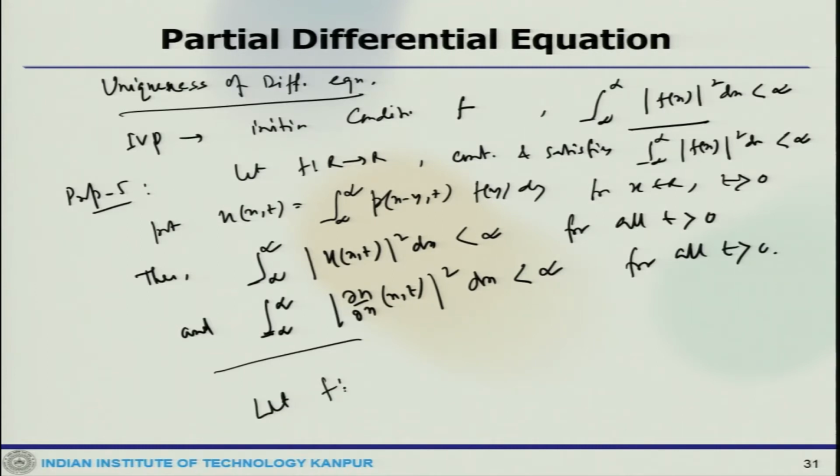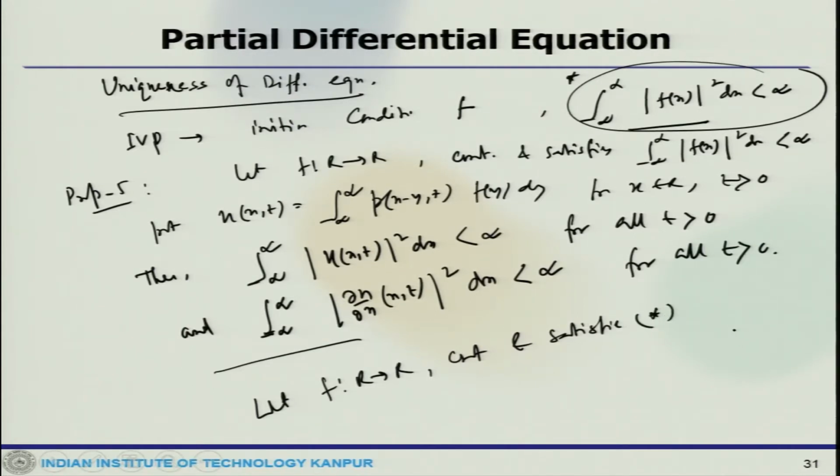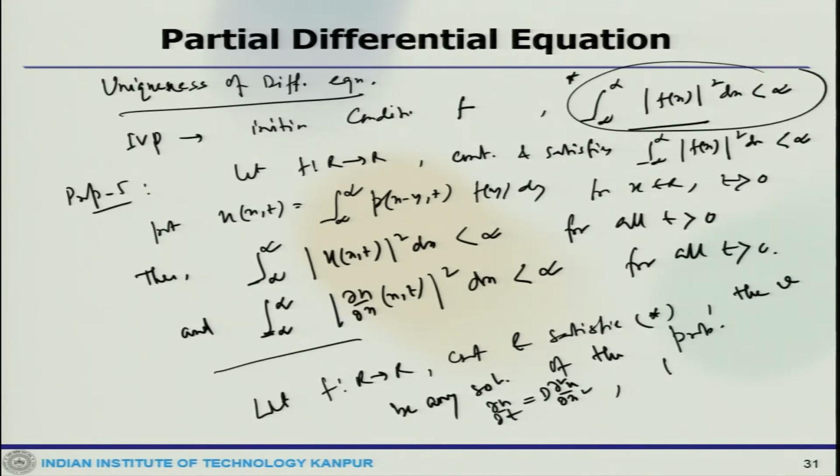Let f be continuous and satisfy this particular equation, and let v be any solution of the problem where del u by del t equals del squared u by del x squared for x belongs to R. The initial values are f(x) for x belongs to R, and we have the other two conditions also here.